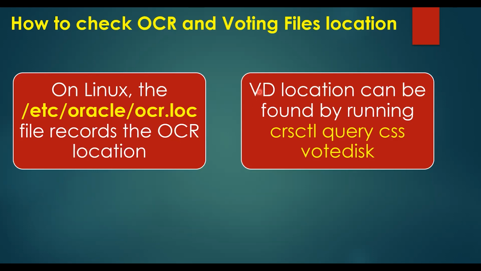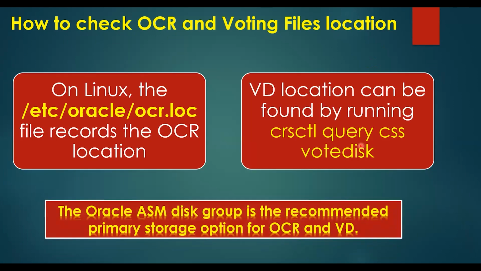And apart from that, the voting disk location can be found by running crsctl query css votedisk. Both can be run from the root user to verify the current locations, or you can execute the query from the grid user also. It is always recommended to keep the OCR as well as the voting disk on ASM based disk groups.